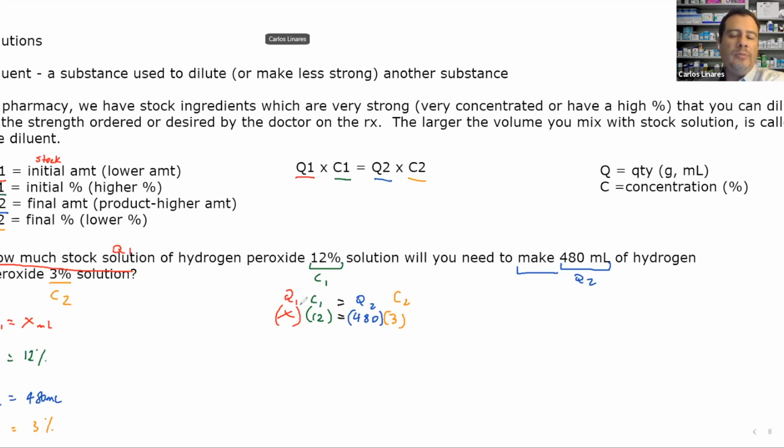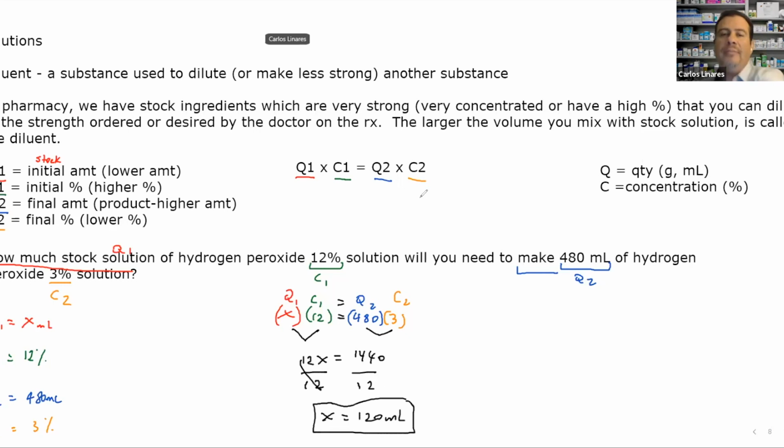Okay, that's what we're doing here. So now when we solve this, we have 12x is equal to 1440. 480 times 3. Yeah, 1440. Divide both sides by 12. This cancels out, and x is equal to 120 mLs.